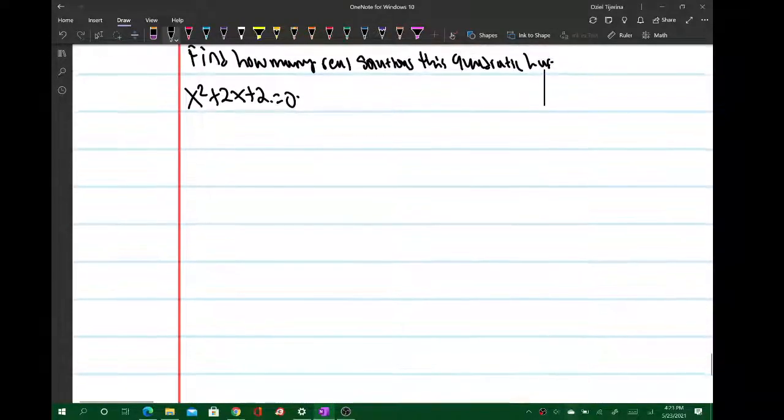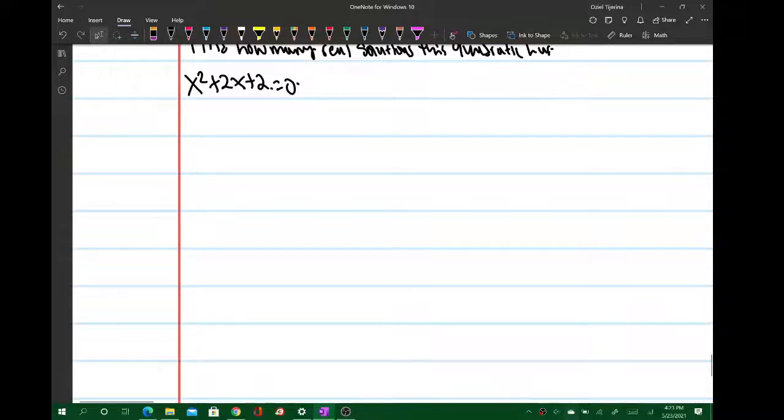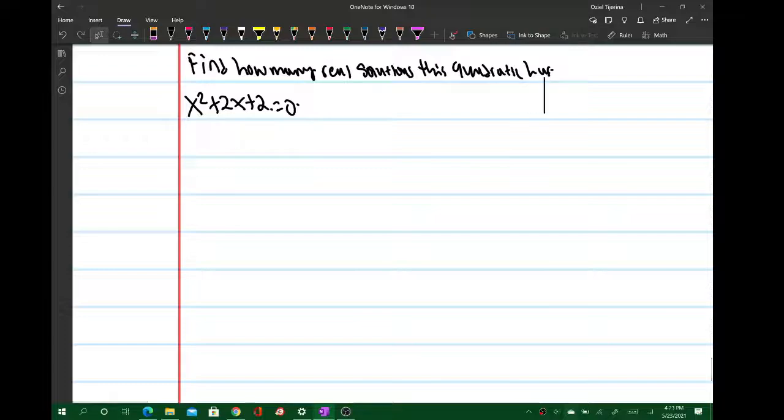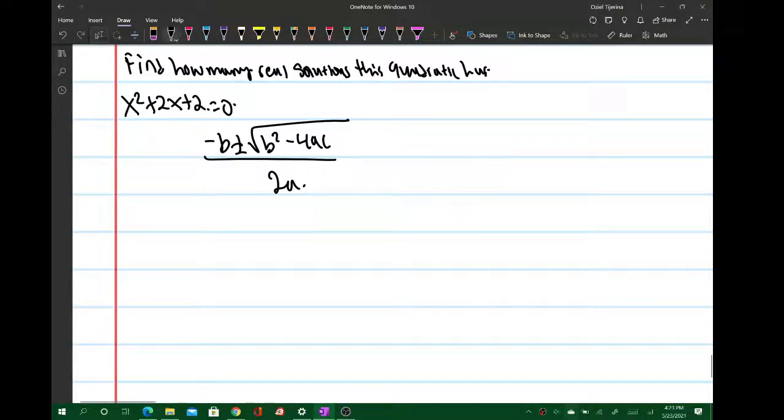What I mean by real solutions is no imaginaries, no negative square roots. In the quadratic formula, if b squared minus 4ac equals 0, then there is one solution.